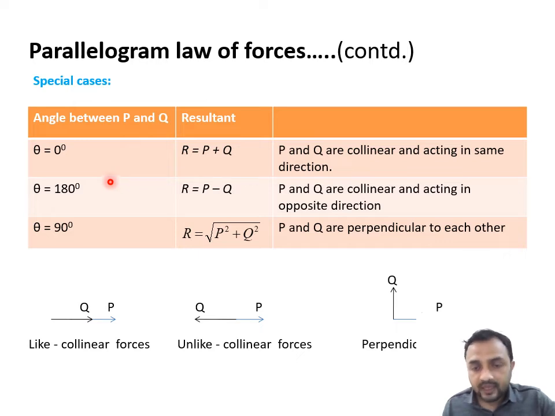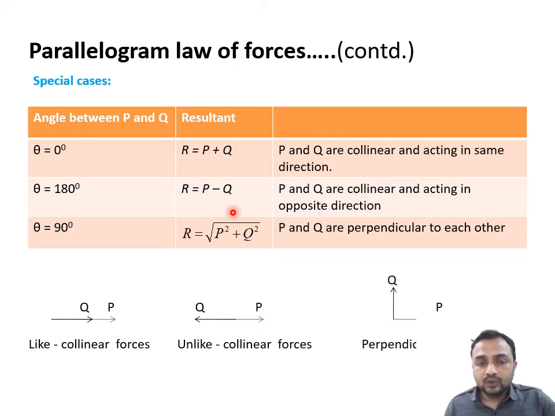Here theta equals 180 degrees, so cos 180 equals minus 1. So the equation becomes root over P square plus Q square minus 2PQ. This is the A minus B whole square under the root, so it becomes A minus B. So R equals P minus Q.